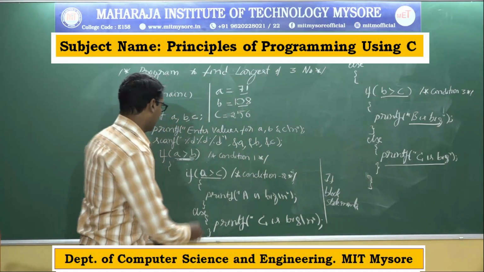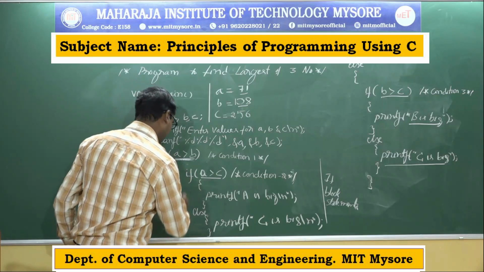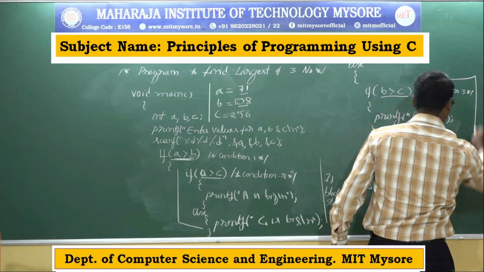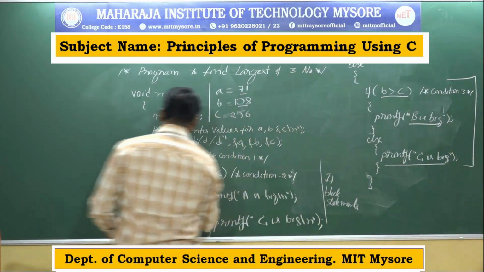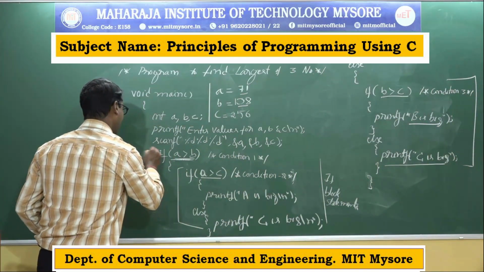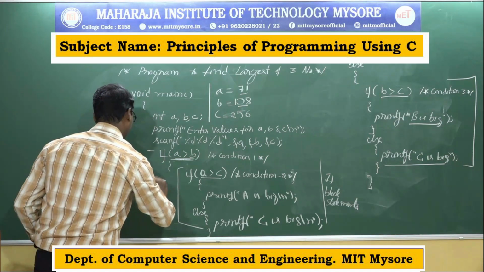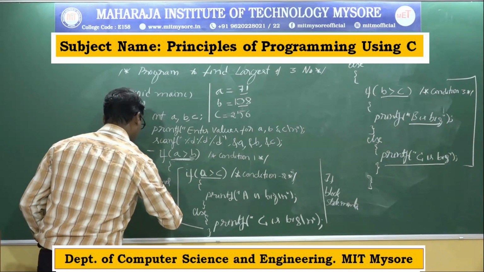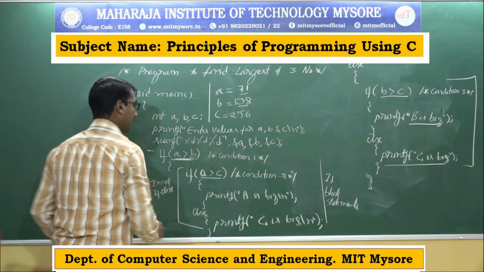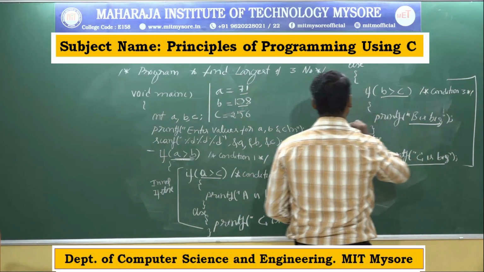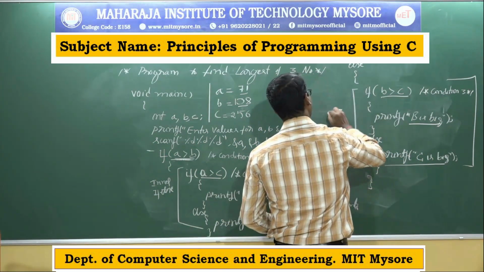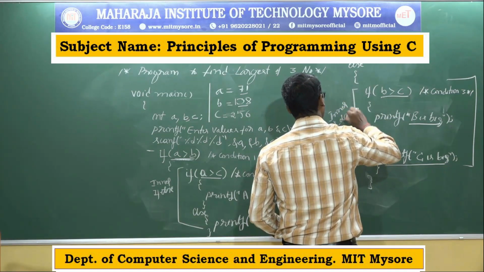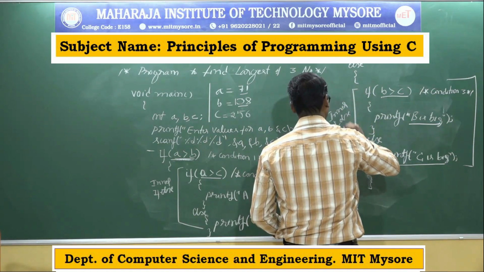Here, the if block contains an if else block and the else block contains an if else statement. This outer if statement has an inner if else statement, and this else also has one more inner if else statement.